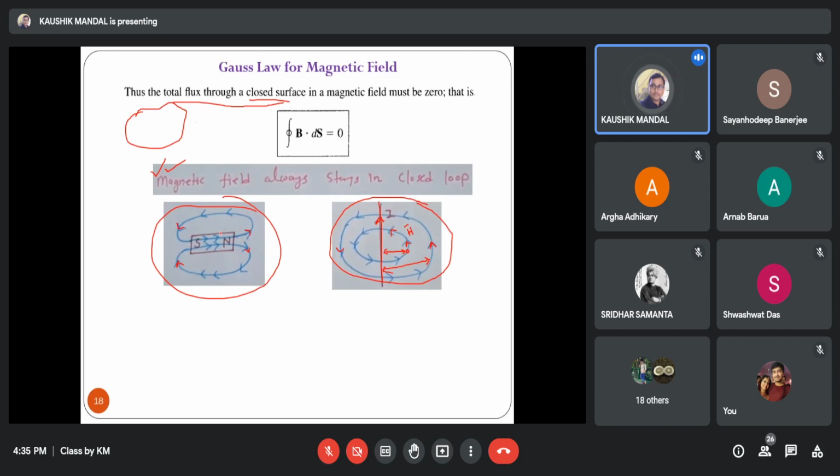Surrounding the magnetic bar there are magnetic fields, and similarly surrounding the current carrying conductor there will be magnetic field, and they will form closed loops. Now, to verify Gauss's law for this particular situation, we are placing a closed surface into this magnetic field.